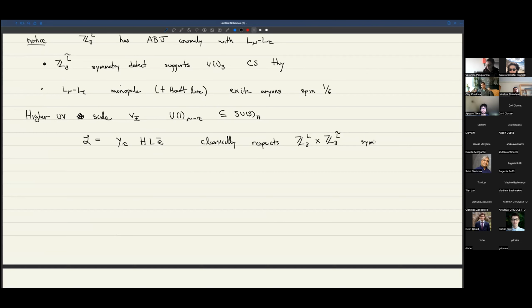These are not monopoles of electromagnetism; they are monopoles of this U(1) mu minus tau gauge group. And so these dynamical monopoles mean that Z3 L tilde is broken by quantum effects, and these become calculable in this gauge theory. I should say that Z3 L remains, though.